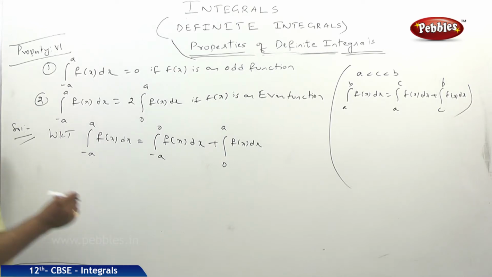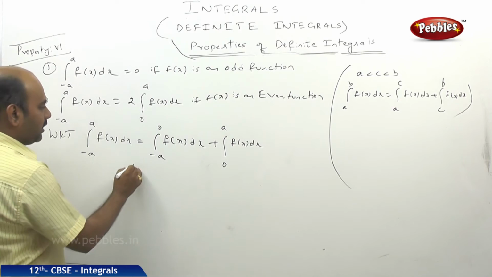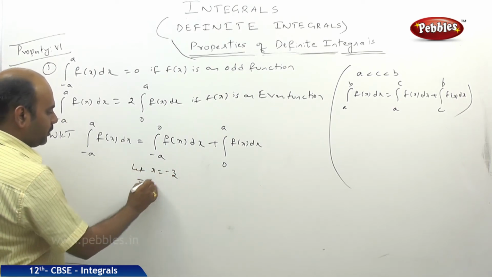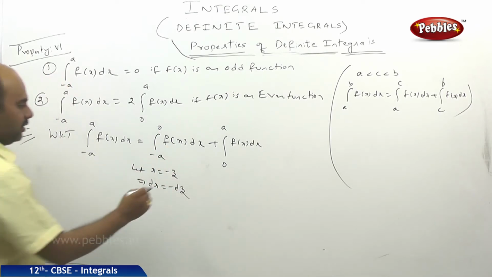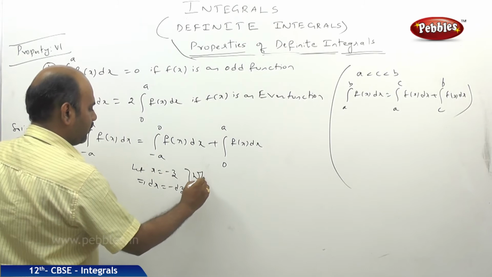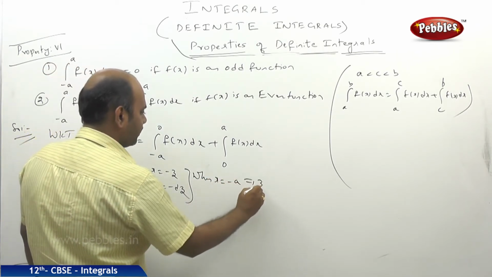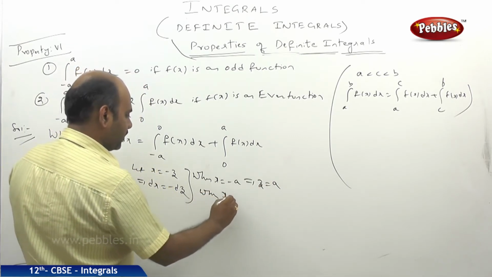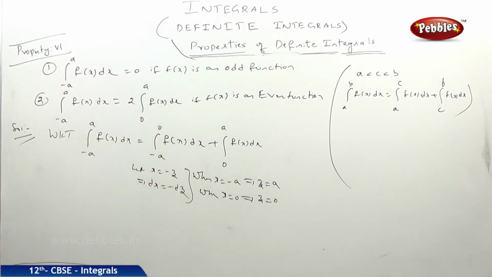So I'll be calculating this particular part. I'll put x is equal to minus z. When I put x is equal to minus z, dx is equal to minus dz. Now when x is equal to minus a, z is equal to a. When x is equal to 0, z is equal to 0.